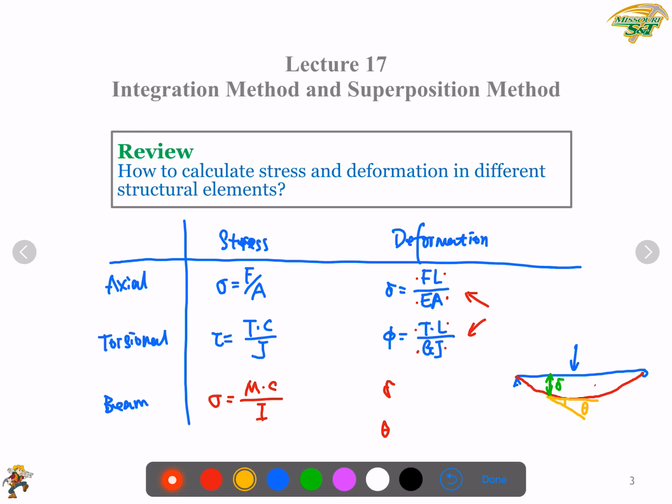Sometimes it can be a concentrated load, sometimes a distributed load with a constant w, or even a randomly distributed load with w0 as the maximum value. So it depends on the distribution of the loading applied to this beam.